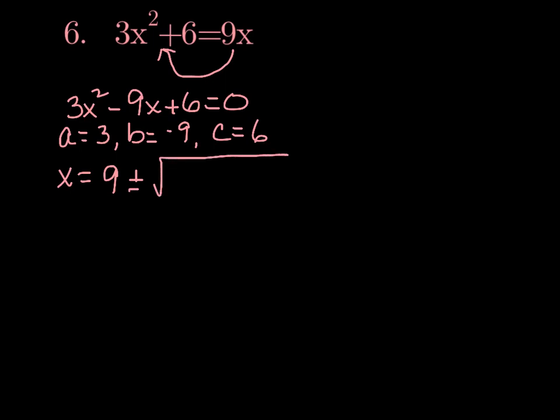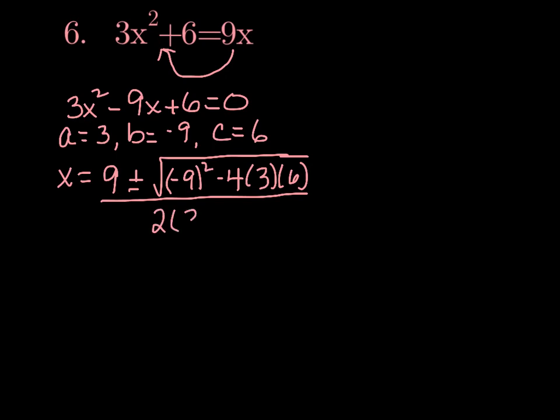the big square root. All right, b squared, so that's going to be negative 9, that quantity squared, minus 4 times 3 times 6. So you can see that your numbers are a lot bigger, and some people don't like that. And that's over 2 times a, which is 3. All right, so let's work this out.